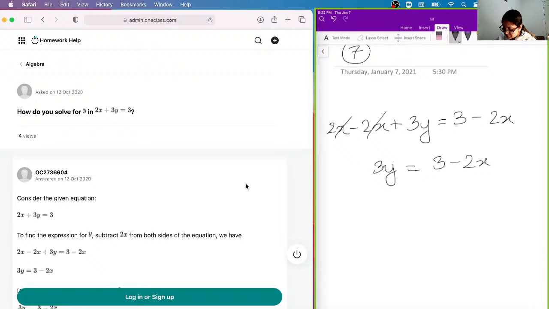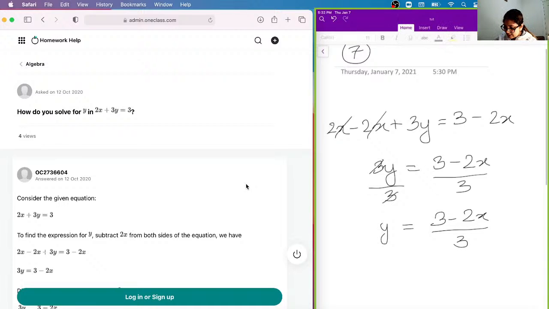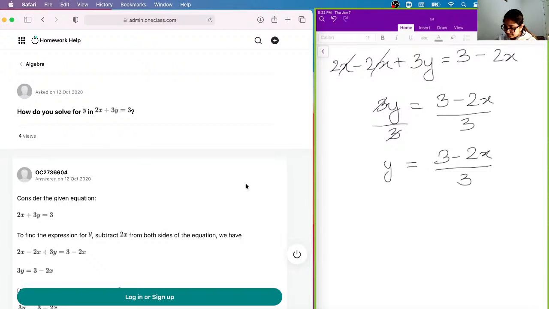And now what we want to do is remove the 3 from the y. And so we would want to divide both sides by 3. So you get y is equal to 3 minus 2x over 3. Okay, and therefore you can further simplify this. You have y is equal to 1 minus 2x over 3. Okay, and so this is how you solve for y from this equation.